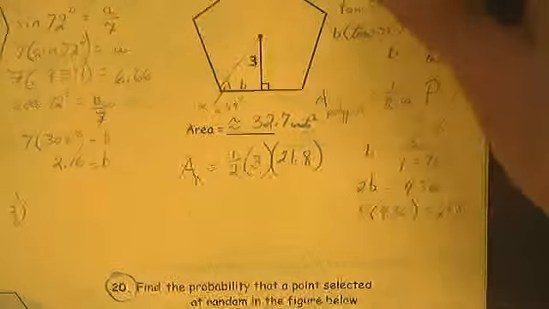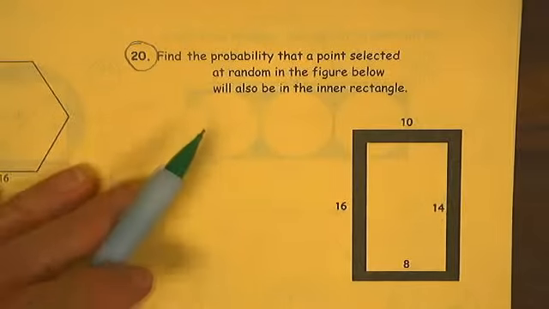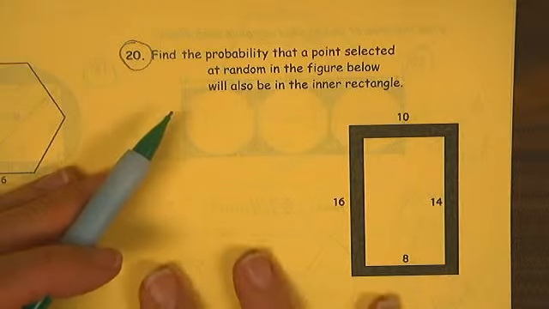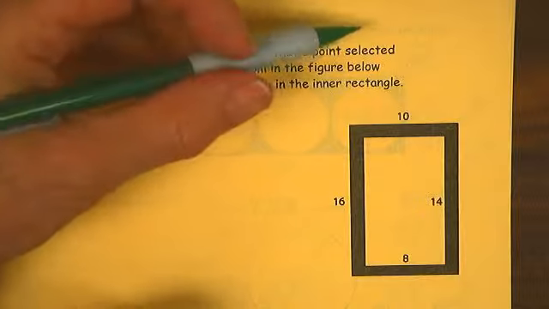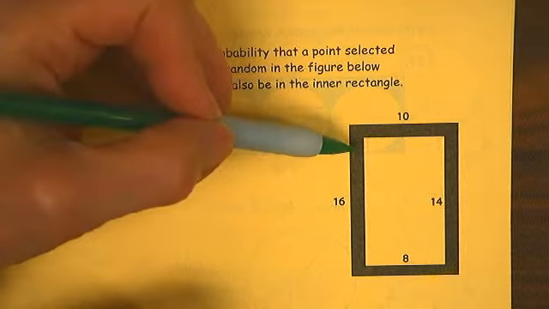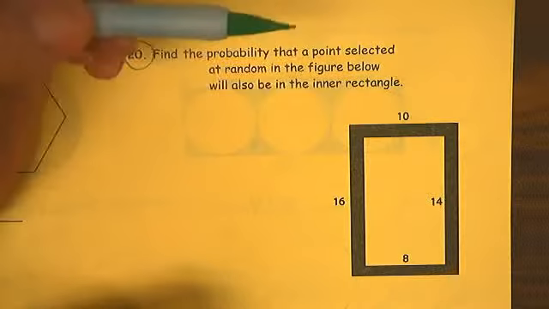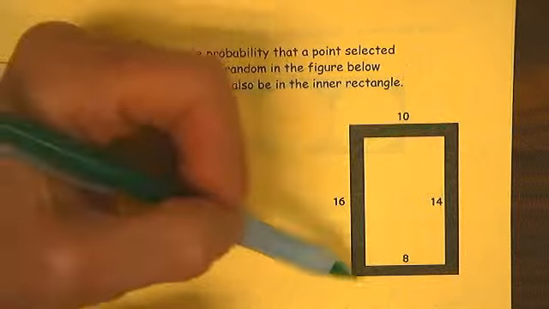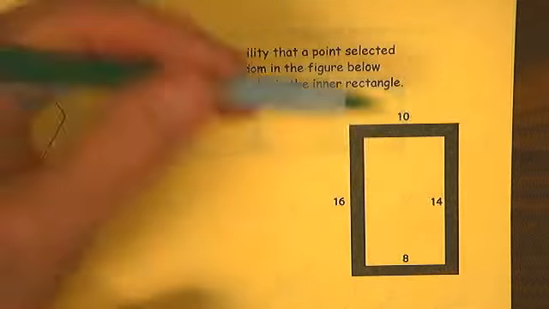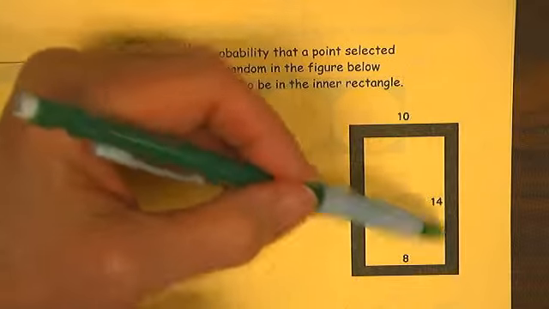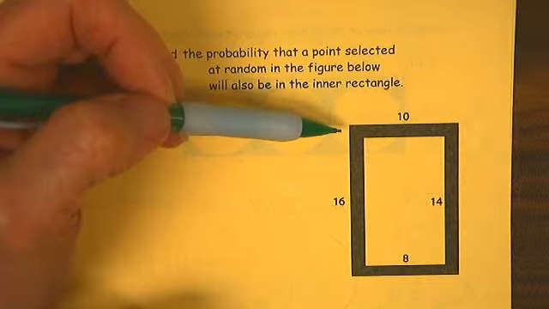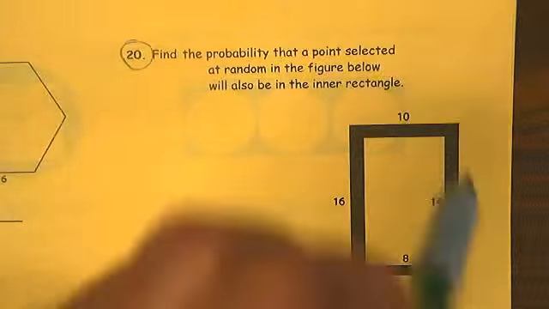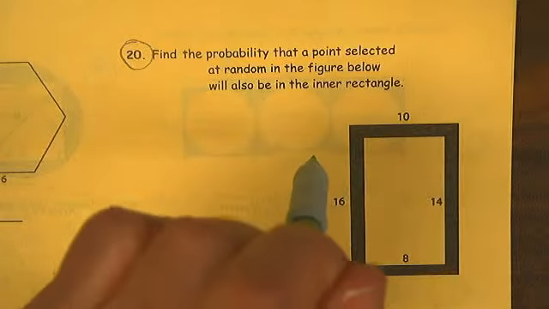Geometric probability. We didn't spend a lot of time on geometric probability, and the reason we didn't is that it's sort of an odd concept. If I throw darts at this big exterior rectangle, I'm either going to be inside it or outside it.